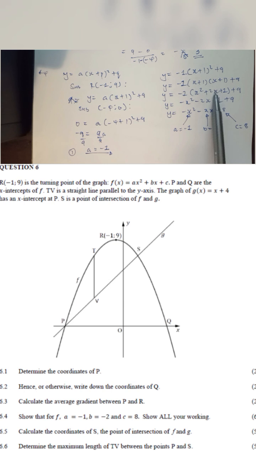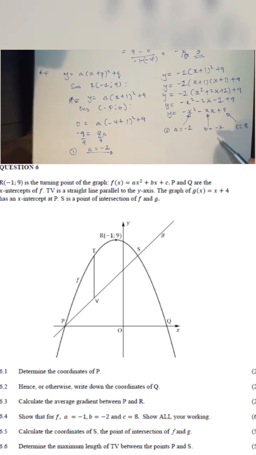Then you simplify further. Negative 1 plus 9 gives you 8. So we will have y is equal to negative x squared minus 2x plus 8. Like I found before, a is equal to negative 1. That's the first one. Then here b is equal to negative 2. This is b.